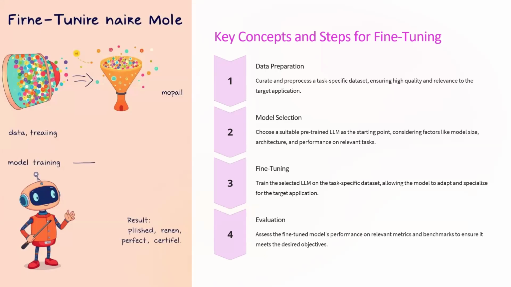Then fine tuning: we train the selected LLM on a task-specific dataset, as I told you earlier, allowing the model to adapt and specialize for the target application. And evaluation is where we calculate the performance and accuracy, F1 score, everything comes under this evaluation point.